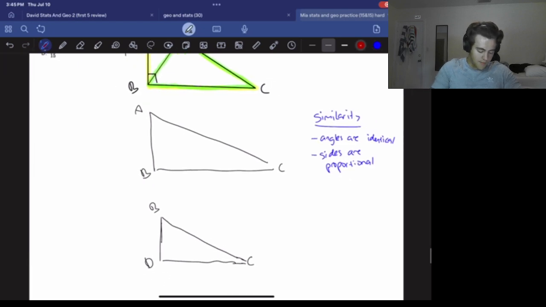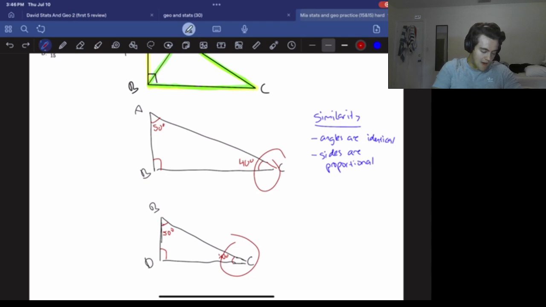Well, they both have 90-degree angles. Check. They both have the same angle C. Check. Let's just say C was 40, for example. Because they're the same angle, they're both going to be 40, or whatever C is. The opposite angle is going to be 50 for both, right? Because the whole triangle has to add up to 180 degrees. If we have 90 and we have 40, then 50 is the only thing left. So their angles are identical, because C is the same and the 90-degree angles are the same.